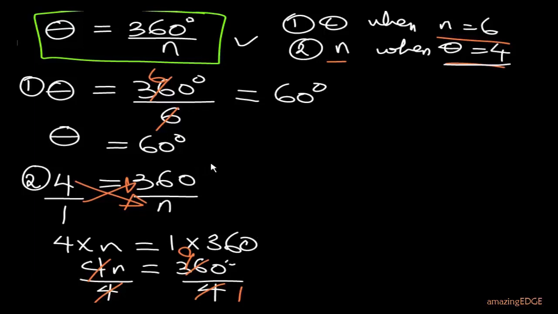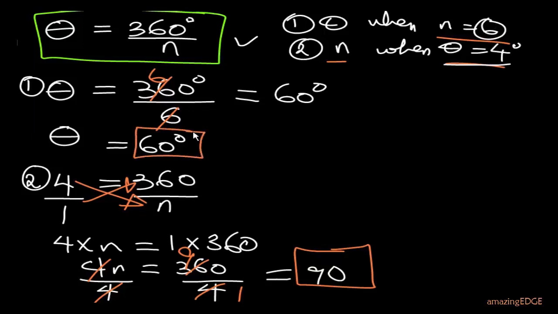So here we just have that 360 divided by 4 will just give us 90. So what it means is that if theta is 4 degrees, then we are going to have 90 sectors. Then if the number of sectors given to you is 6, the angle that will correspond to those 6 sectors is going to be 60 degrees. And that's what we have done.